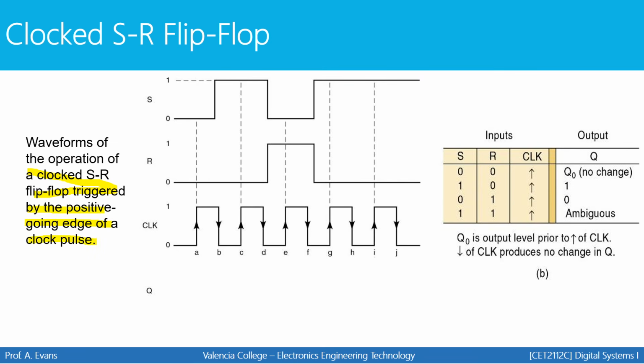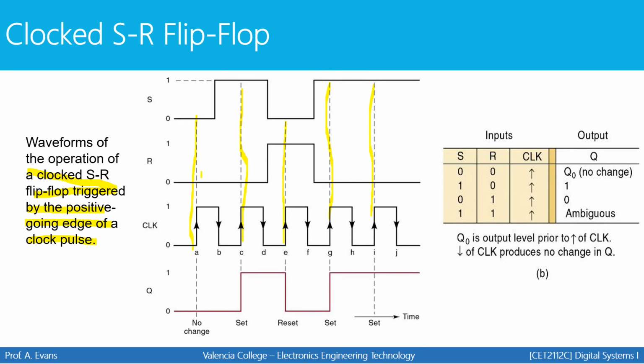So the flip-flop will not react to anything until our positive edges occur, which would be here, and here, here, here, and here. In between these points, it doesn't matter, for example, that set goes from low to high right here, and reset goes from high to low. It doesn't change anything. The only time the output changes is at the points in time that I've highlighted.